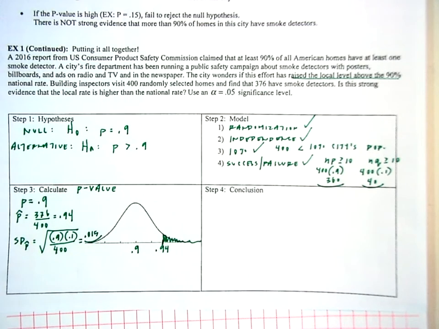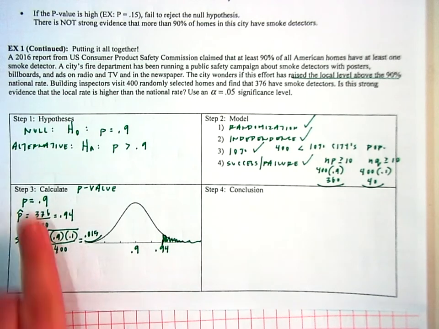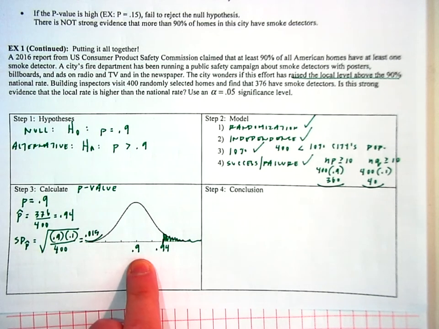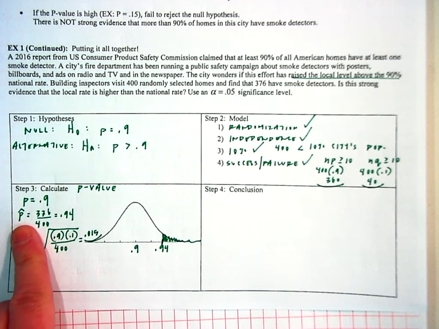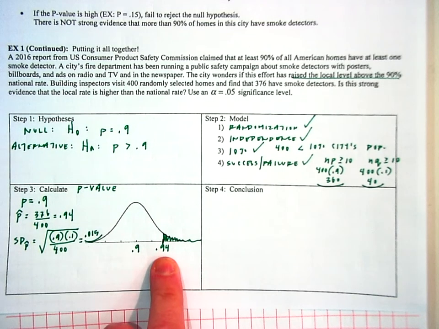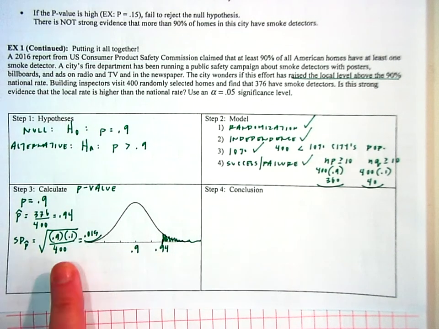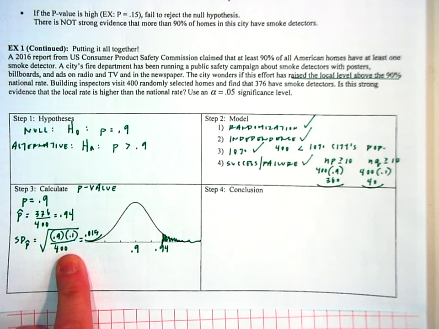Okay, so I know my parameter, and that will be my mean right here. I know my statistic from my city, the 94%, I mark that here. And then we're looking for evidence that the rate is higher. So I'm looking at that upper tail, that's what I'm solving for. And I just calculated my standard deviation.